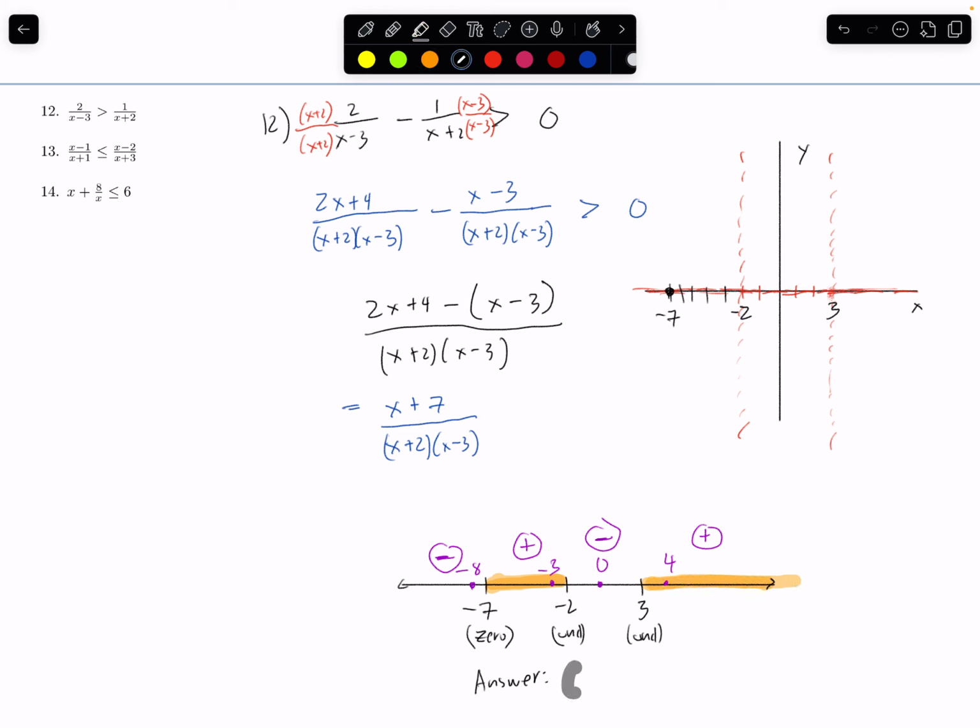So that would be from negative 7 up until negative 2, not including those points, and in union from 3 onwards. Honestly, when it's a strict inequality, it makes things easy because I don't have to worry about including points or not. I just know the endpoints are all not going to be included.